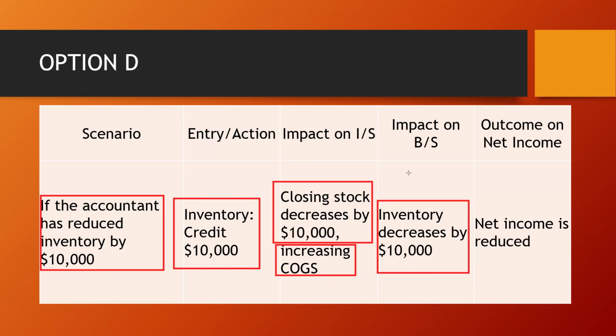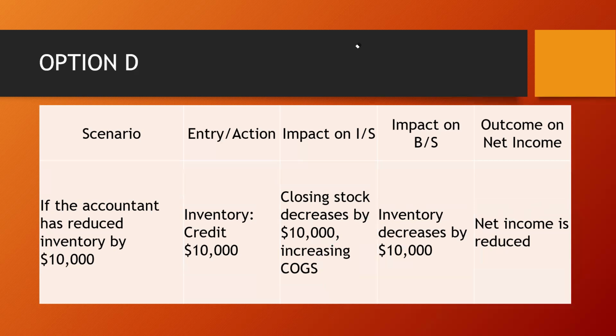So when you think about the outcome, it will have an impact on the net income. Obviously, if you think about option B, the COGS will be increased, same as option D. Bro, what are you saying? Both B and D seem to be the answer. No, that's not the case. Sometimes you may get confused that B and D are the same. Why not D? Why not B? That's the thing.